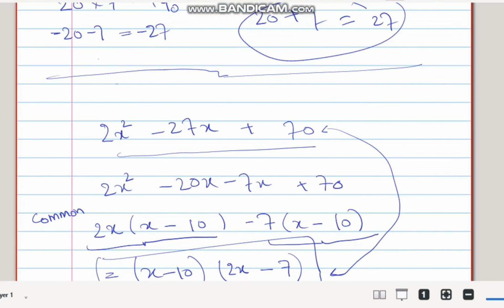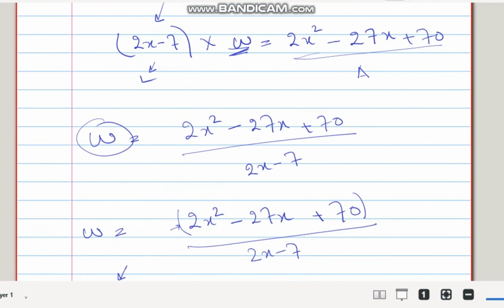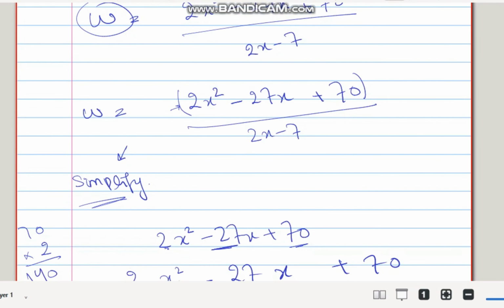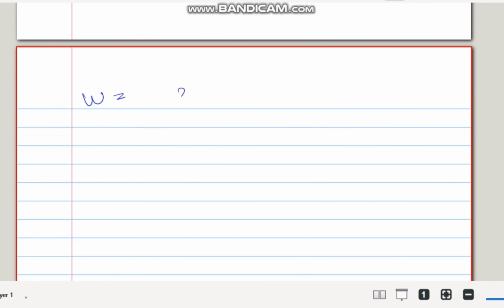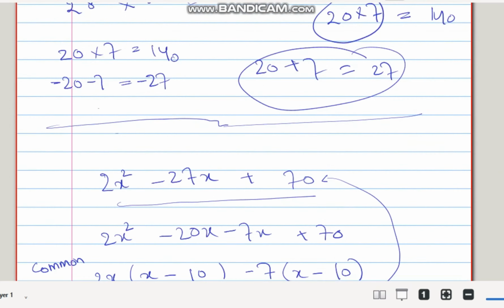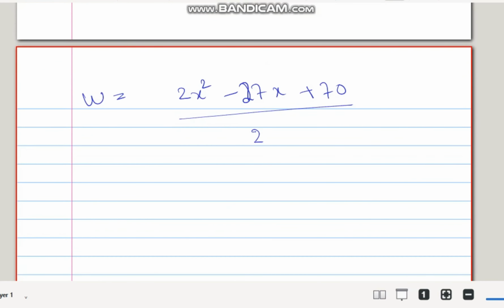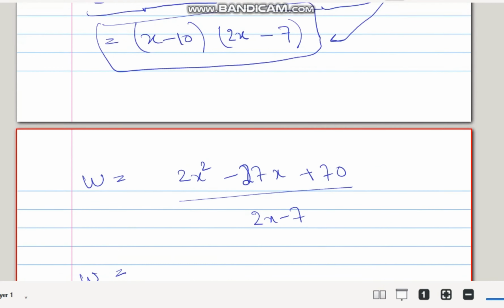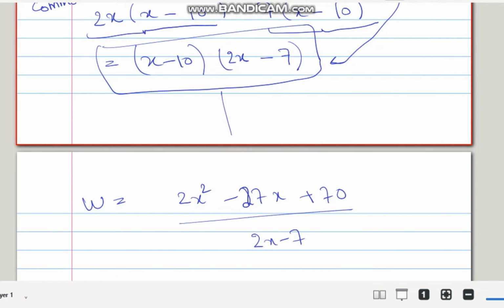So please turn again to the previous expression. We have w is equal to 2x square minus 27x plus 70 divided by 2x minus 7. We have got this. Now please, students, note this. We can just split this quadratic equation into these two things, and we will replace the quadratic equation by this. How can we replace this?